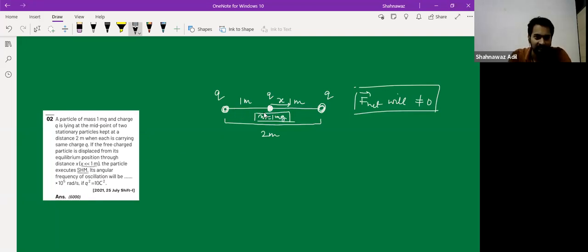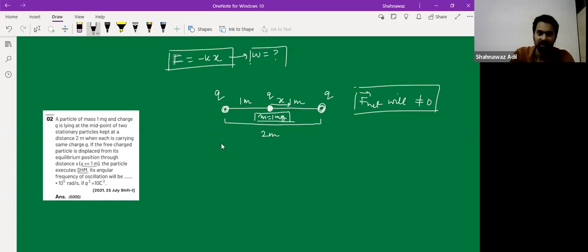Okay. So now first we have to prove that your force behaves like SHM, right? Force is directly proportional to this quantity, and then we have to calculate omega, right? So did you guys understand this question? Sir, here the particles are Q charges.